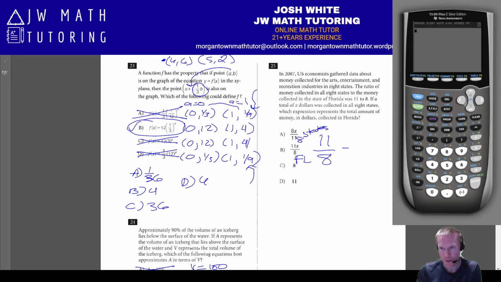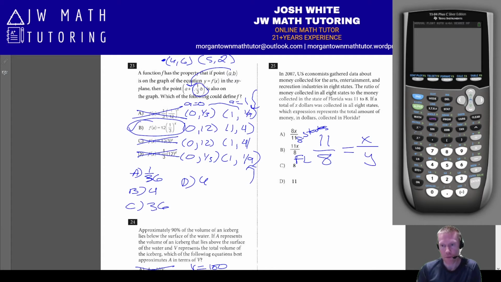Okay? And then, in the 8 states, they collected X total dollars. And then they want to know what the value of the dollars collected in Florida is. So whatever, I'll use a different letter. I'll use Y just to represent that.